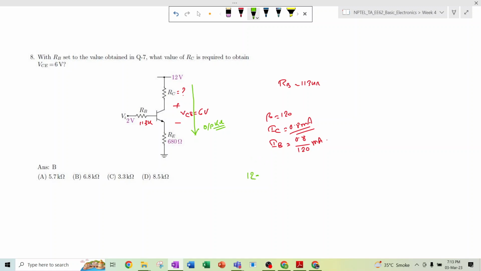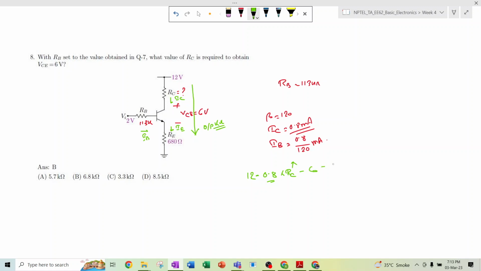If you write the equation of KVL, 12 minus, so the current flowing through this is IC, this is IE, and this is IB. So this is IC into RC. Whatever answer we get for RC should be in kilo ohm, right? Because we are using milliampere here. Minus VCE, which is 6 volt, minus IE into RE.